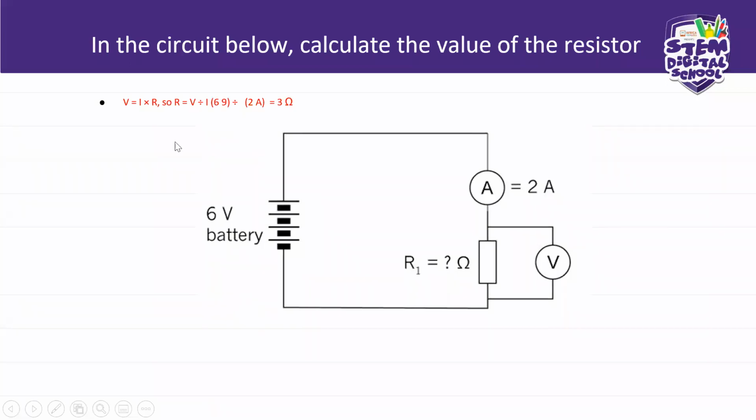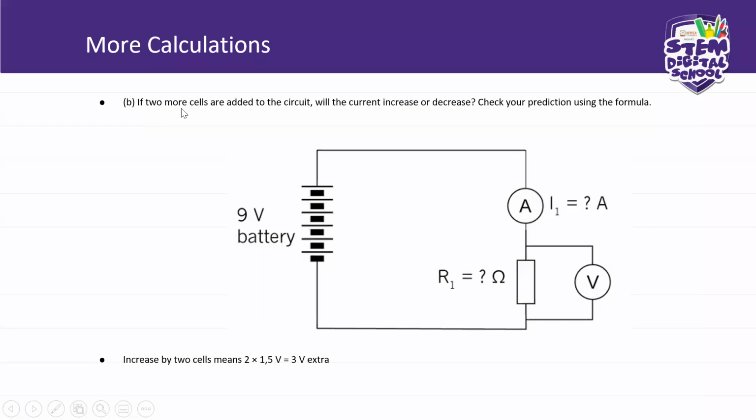Okay. If 2 more cells are added to the circuit, will the current increase or decrease? Check your prediction using the formula. Okay, let's see.